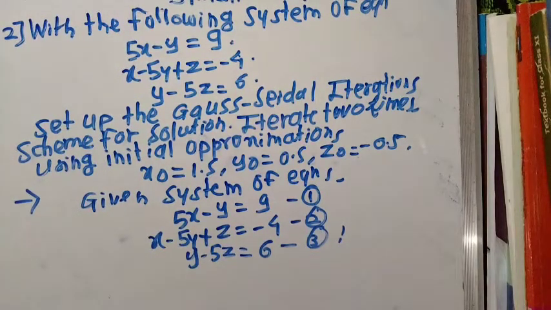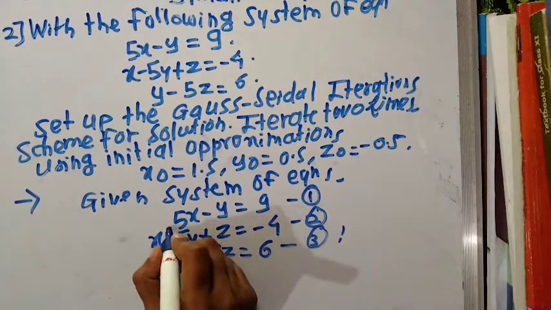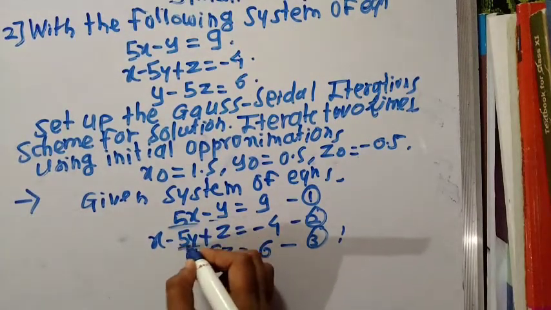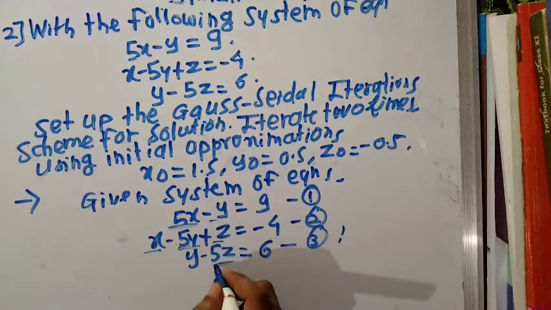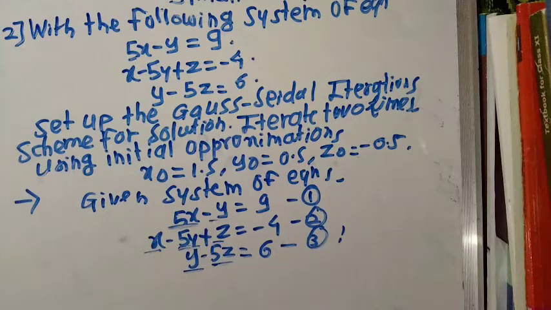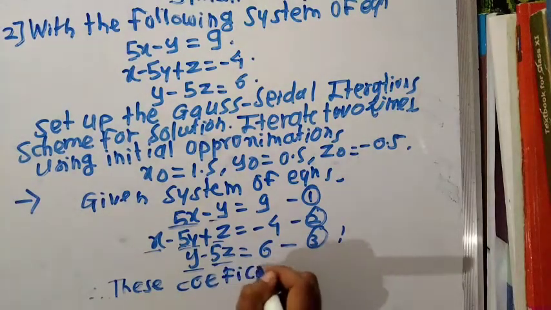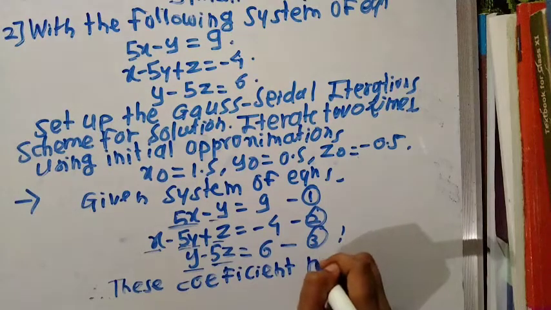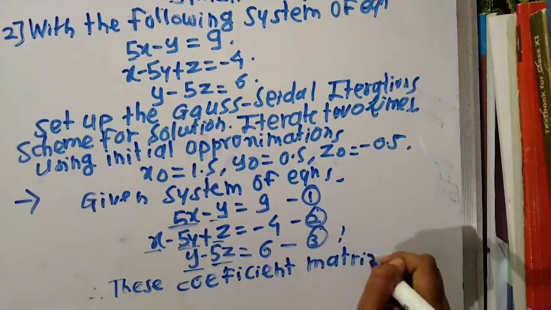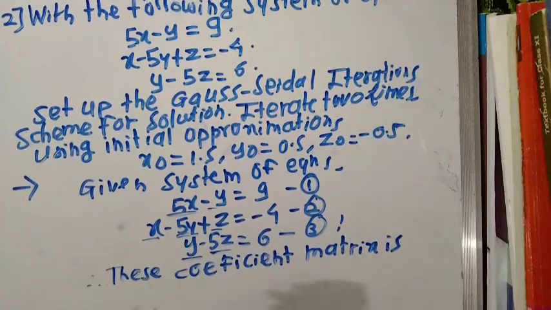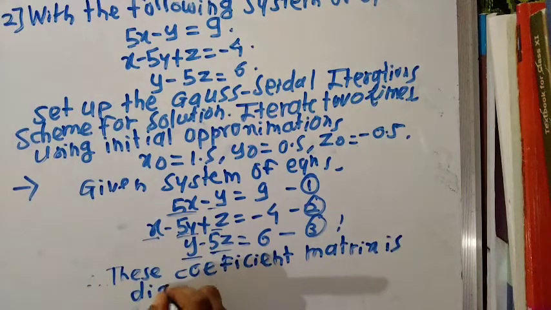So here diagonal elements are 5x, 5y and 5z. Here 5 is greater than 1, here 5 is greater than 1 and 1, and here 5 is greater than 1. So this coefficient matrix is diagonally dominant.